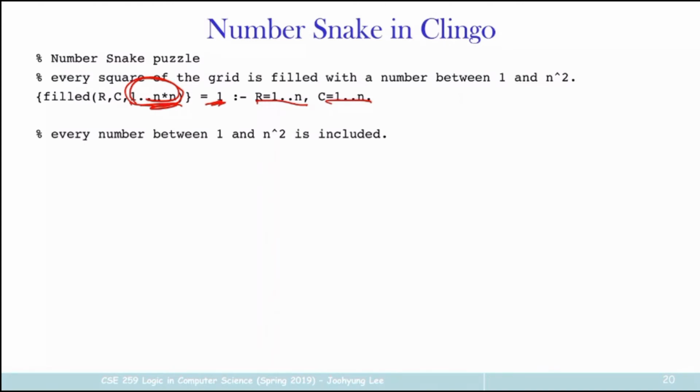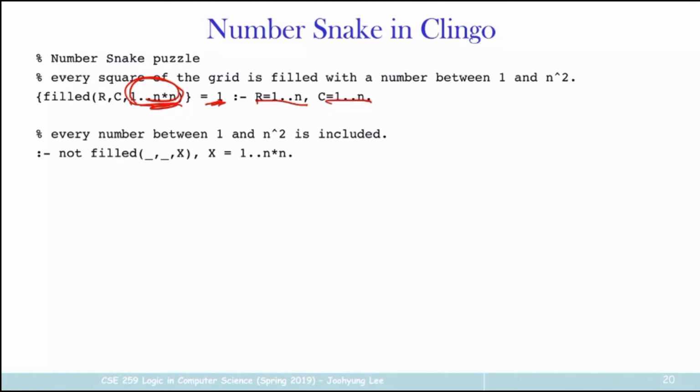And here we use a bit of an interesting feature, which I'm going to explain. Sometimes Clingo uses the underline, the so-called anonymous variable. This is a variable whose name we don't care about.